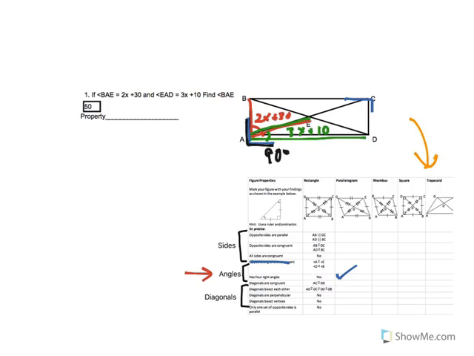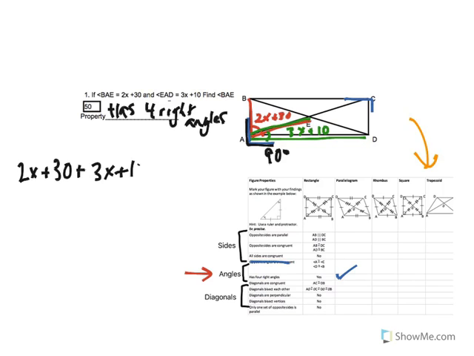So let's write our property that we're going to use up here: has 4 right angles. And I took this property right from the table down here. So let's set up our equation. 2x plus 30 plus 3x plus 10 equals 90. Combine like terms.